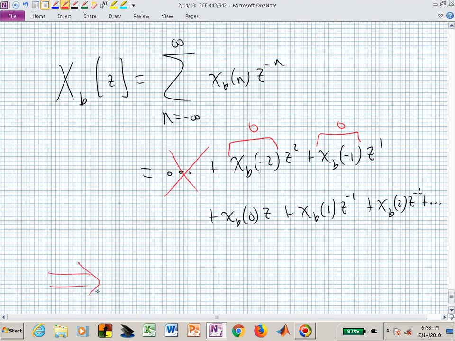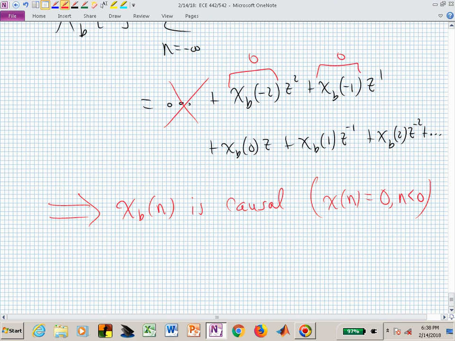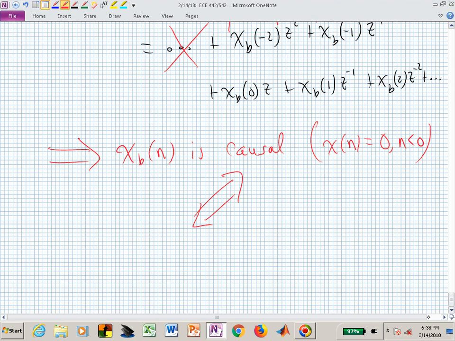This now says that X sub b of n is causal. How did I find that? Well, I said that the region of convergence was actually unbounded.